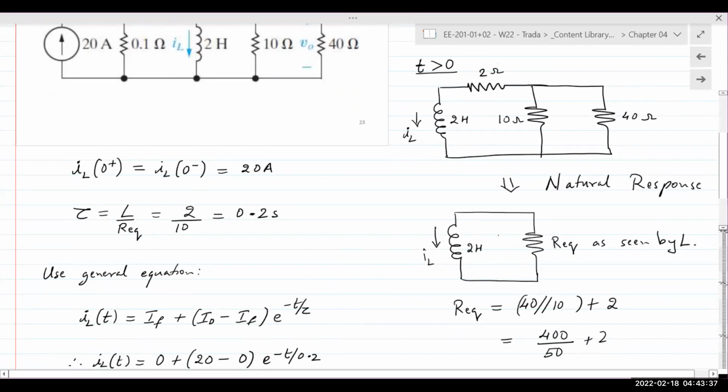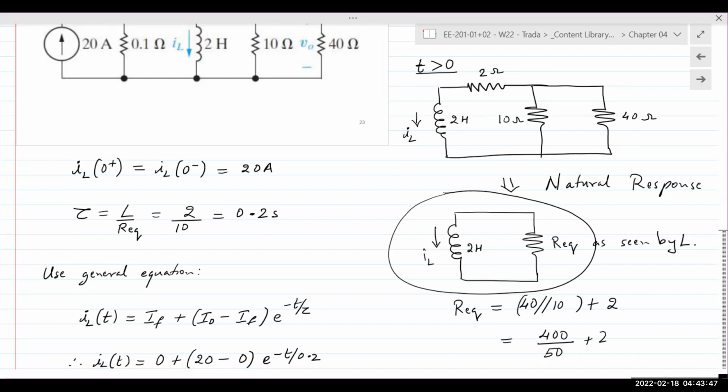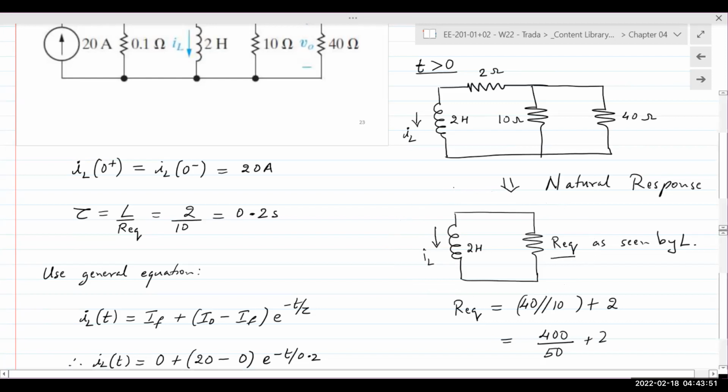We can redraw the circuit like this, where we have one single inductor and one single resistor, Req, representing the total equivalent resistance as seen by the inductor L. Meaning you have to calculate the total Req between these terminals here.